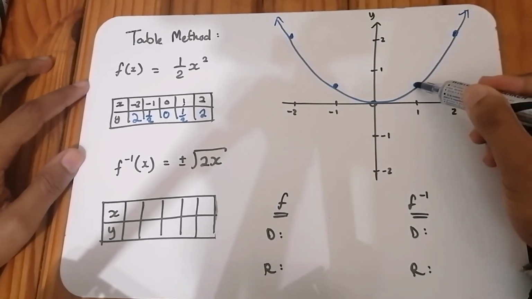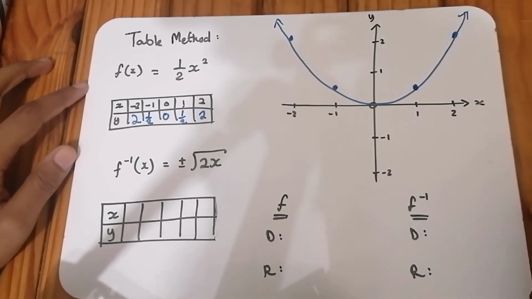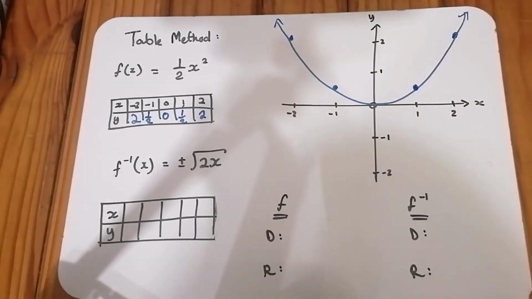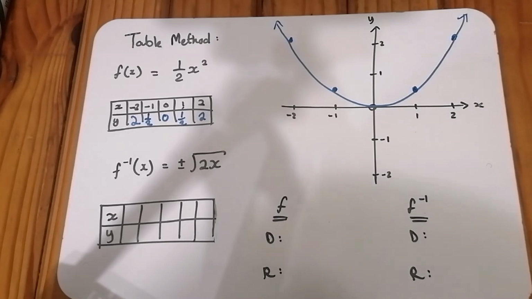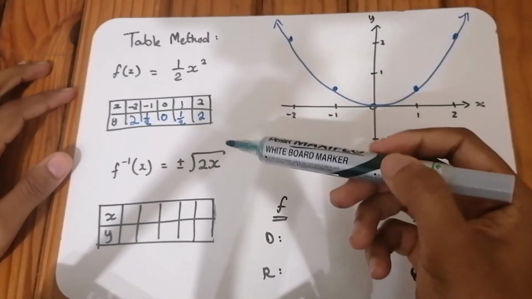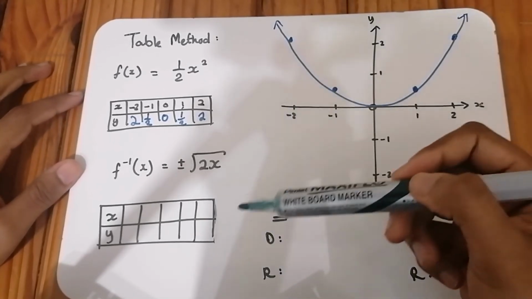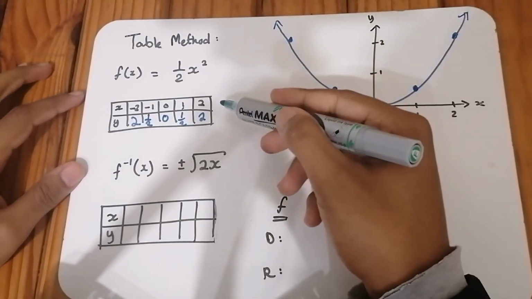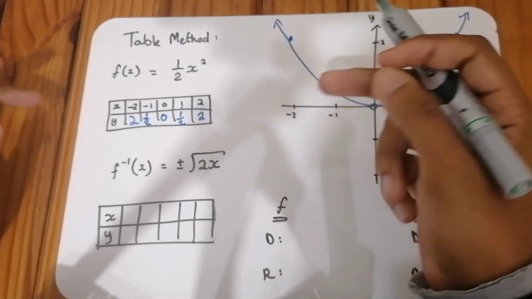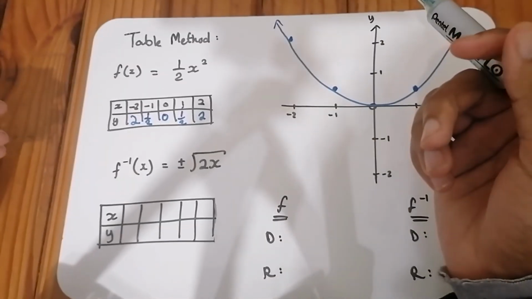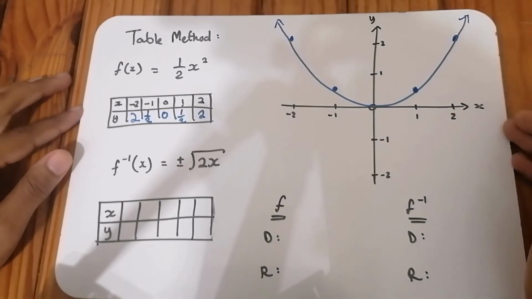Right, now let's draw the inverse of this. So first, I'm going to change the color. We'll use green. And instead of me finding new coordinates, I'm going to take the same coordinates and just flip them, because we swapped x and y, so the coordinates should also swap.